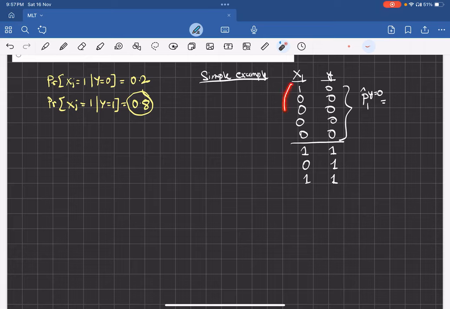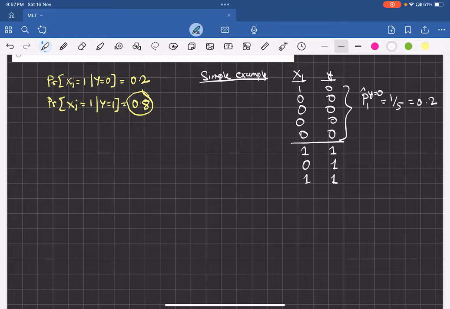This is the whole data set of label zeros. In this data set, how many times is 1 occurring? That is the idea. So it will be nothing but 1 divided by the total. There are a total of 5, so that will be 1 by 5, which is equal to 0.2. So this is why I created so many zeros.